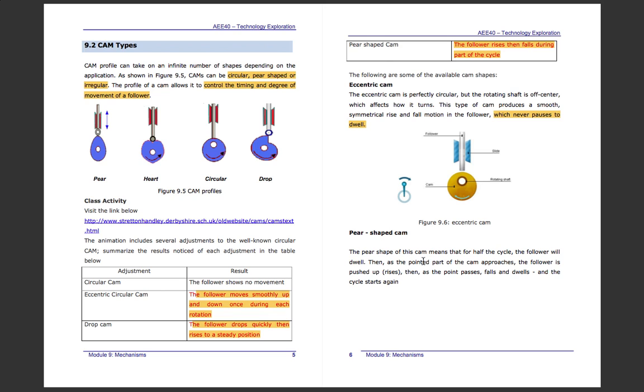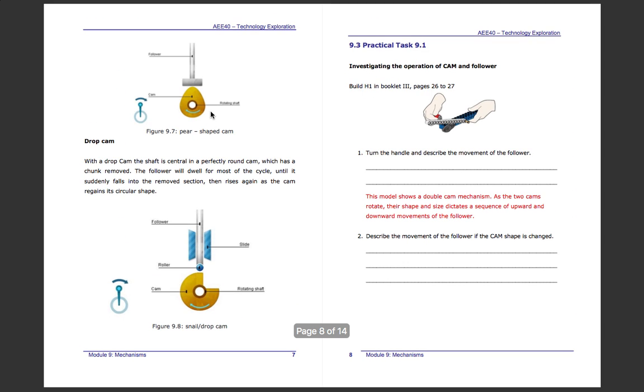In a pear-shaped cam, again, remember, this is the cam, rotating shaft, follower. So what happens? For part of the cycle, the follower is steady. It doesn't move. It's at rest.